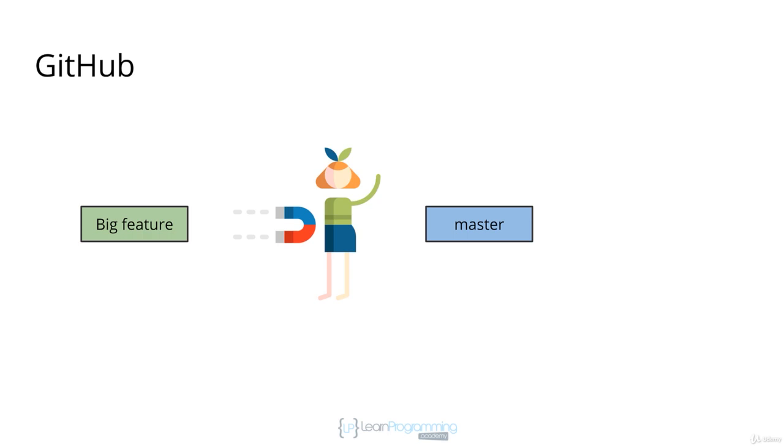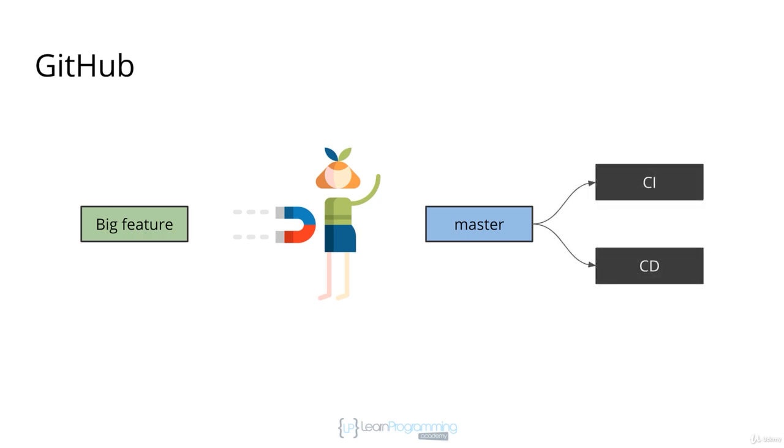Again, if you already feel really comfortable with GitHub and you know exactly what pull requests are, maybe you can skip the GitHub section. But do make sure that you catch this section if you want to understand exactly how pull requests will eventually lead to CI and CD.